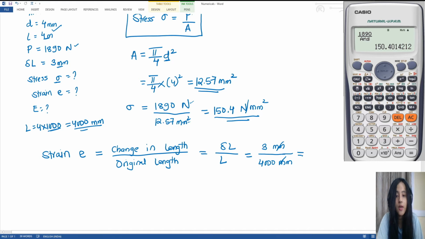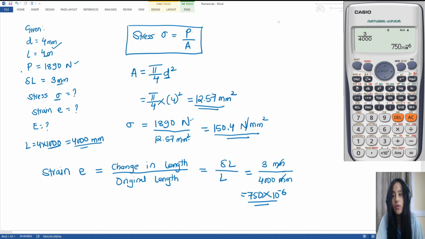So let us find its final answer. 3 divided by 4000 is coming equal to 750 into 10 raised to power minus 6, and it has no unit.